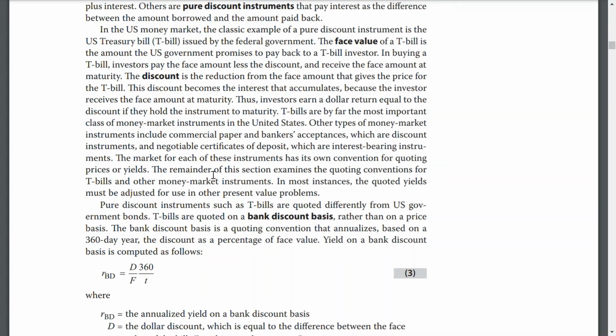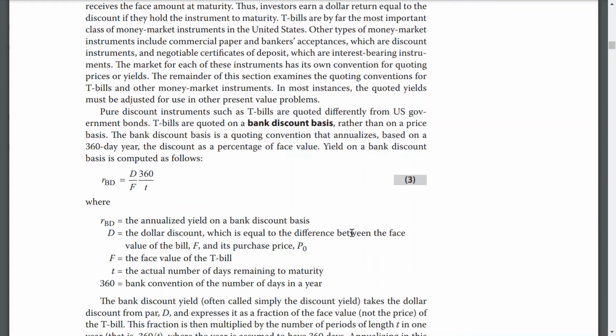The bank discount basis is a quoting convention that annualizes the discount as a percentage of face value, based on a 360-day year. The yield on a bank discount basis is computed as follows: R_BD = (D/F) × (360/T). R_BD is the annualized yield on a bank discount basis.